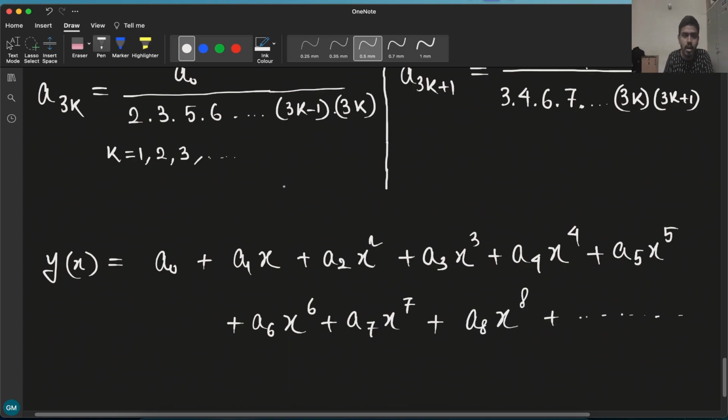And now what we know is that a2 is 0, a5 is 0, a8 is 0.